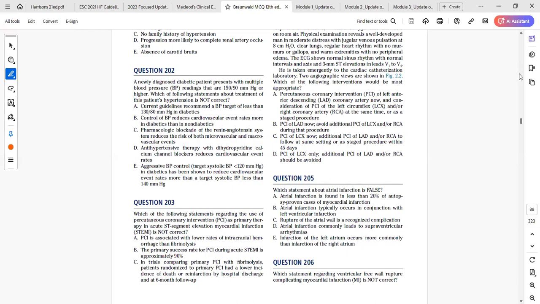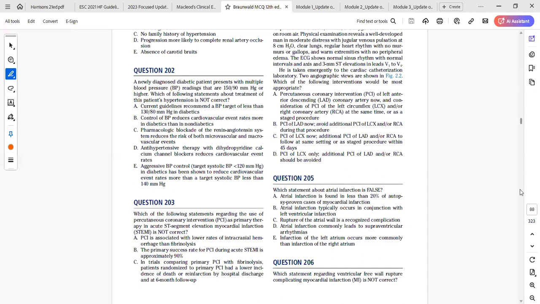C, percutaneous coronary intervention of left circumflex now, additional PCI of left anterior descending and the right coronary artery to follow at same setting or a staged procedure within 45 days. D, PCI of left circumflex only, then additional PCI of left anterior descending and or right coronary artery should be avoided.